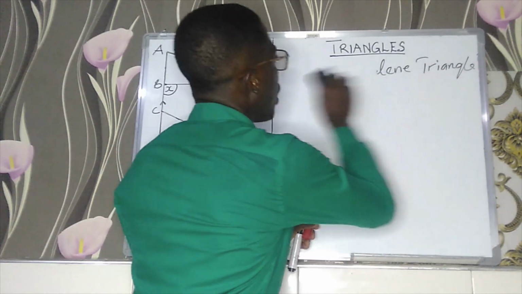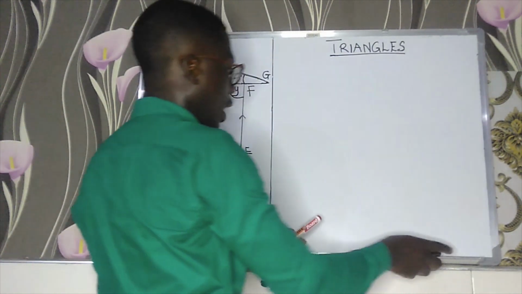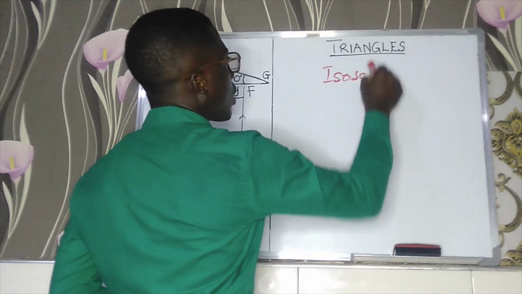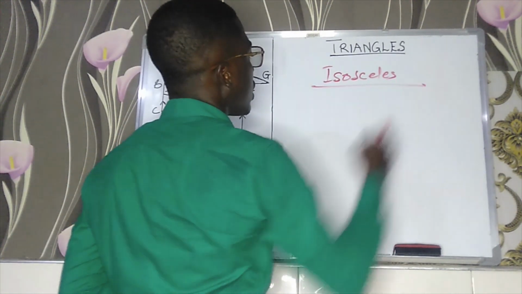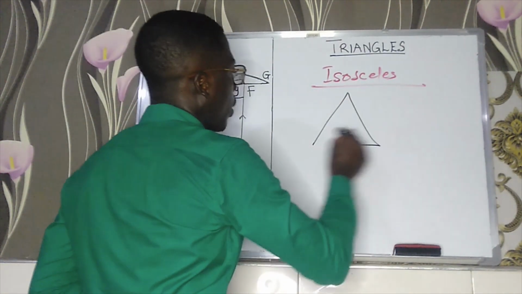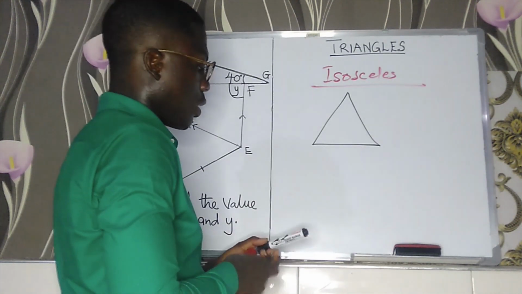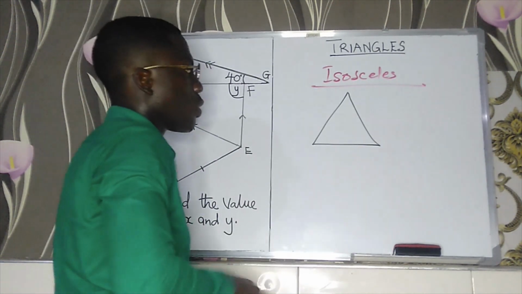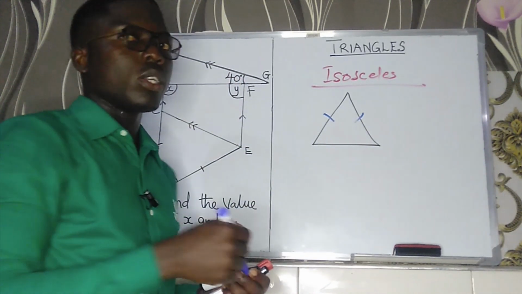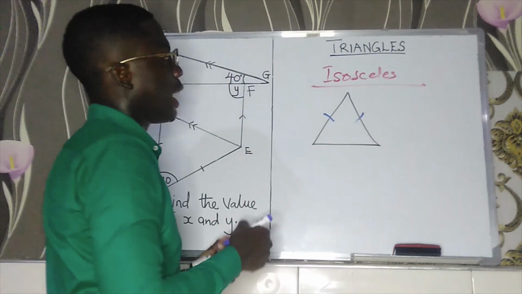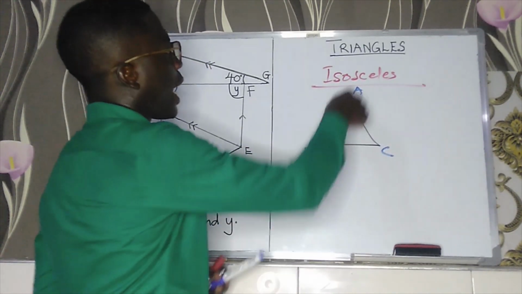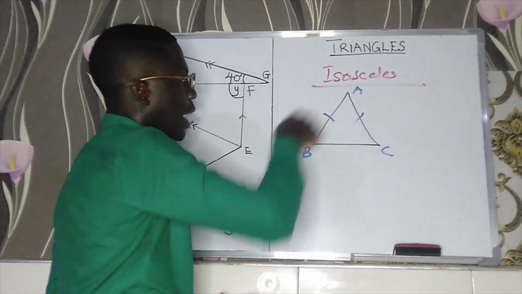Let's move on to the isosceles triangle, being the second type of triangle. Isosceles. Good. So isosceles triangles, we say they are triangles with two of its sides equal in length. So if I have A here, B here, C here, line AC is equal to line AB.